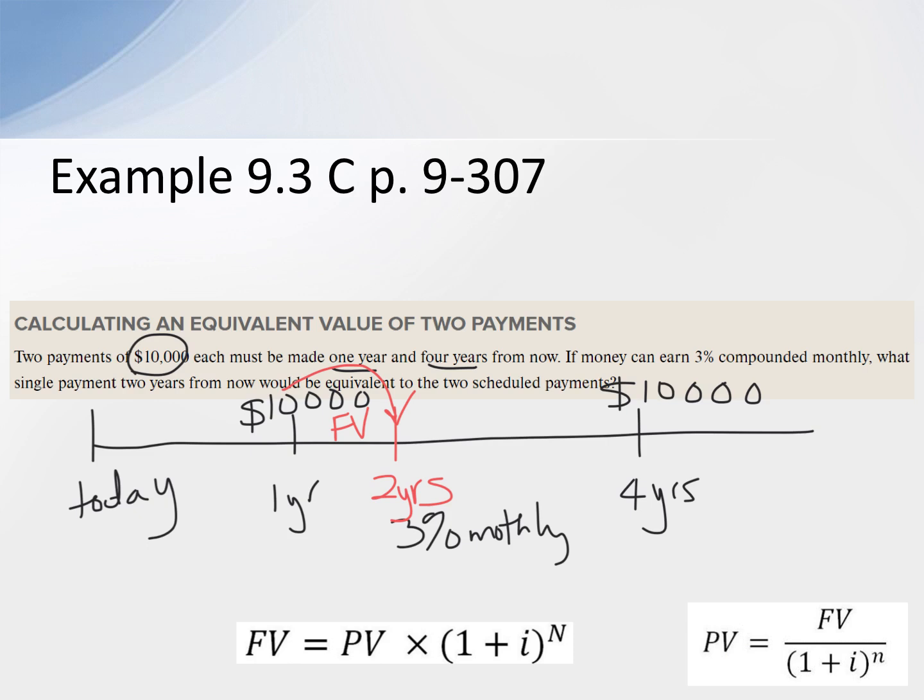And we're going to find the present value of the $10,000 that was due 4 years from today. So we're going to be looking at the time difference between those two payments. This is 1 year, from 1 year to 2 years, and from 4 years back to 2 years, that will be a 2-year difference.